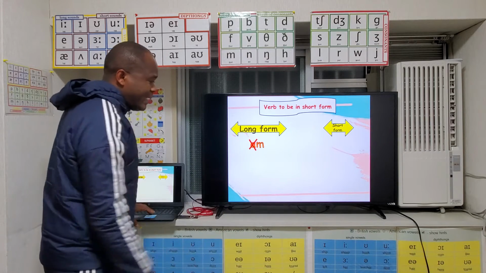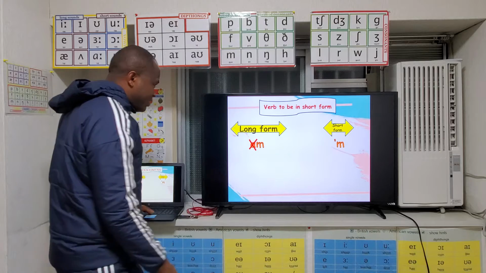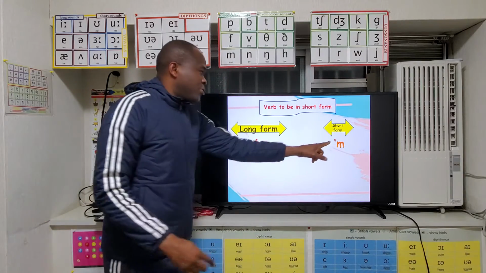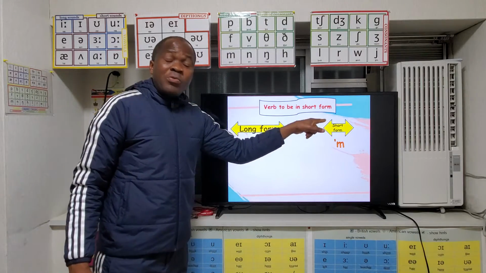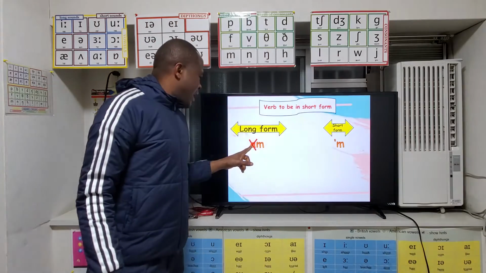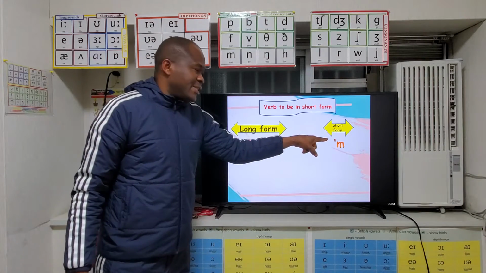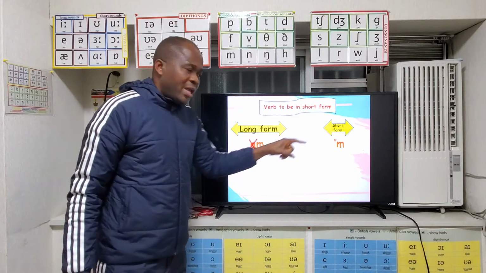We need to cancel the A and replace it with an apostrophe. So the apostrophe is a replacement of A; it's substituting for the A.